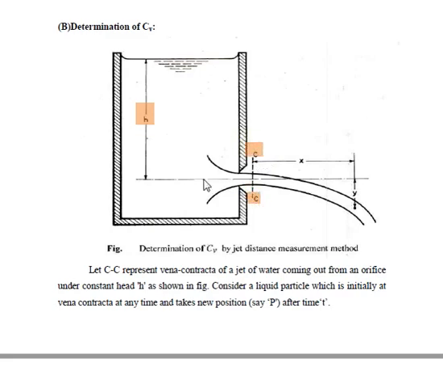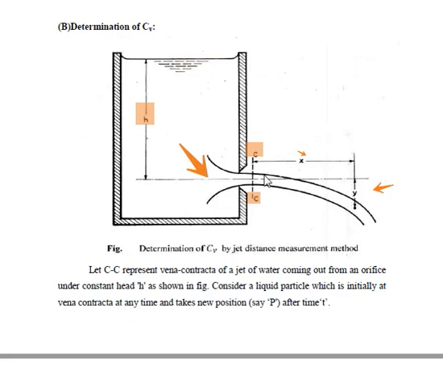Consider a hypothetical particle of water starts moving in this direction through this orifice and it travels a certain horizontal distance of x and a certain vertical distance of y from the plane of vena contracta, that is CC, with respect to time, that is small t.